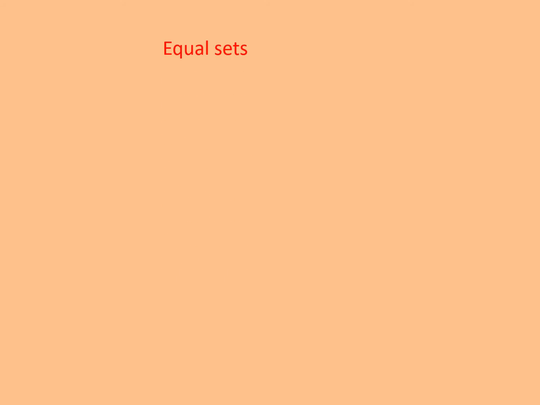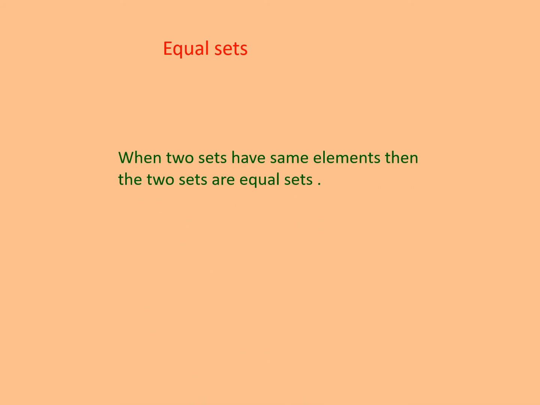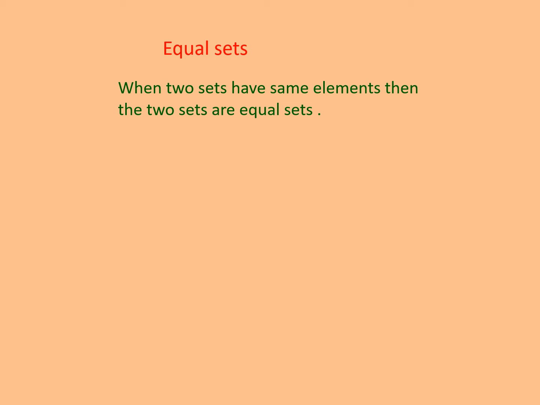Now we will learn what we mean by equal sets. Equal word means what? The two sets which are equal. Now what are the conditions? When the two sets have the same elements, then the two sets are equal sets.